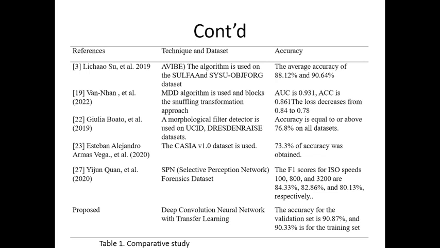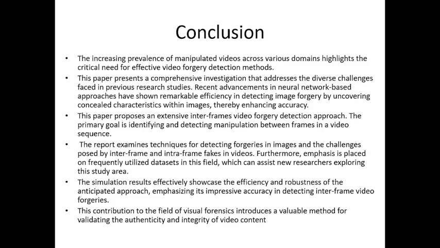In the proposed technique, we have used a deep convolution neural network with transfer learning rate, and the accuracy for the validation set is 90.87 and 90.33 is for the training set.